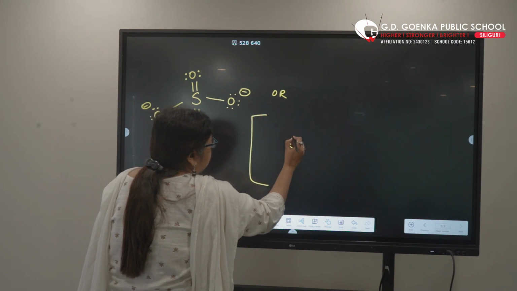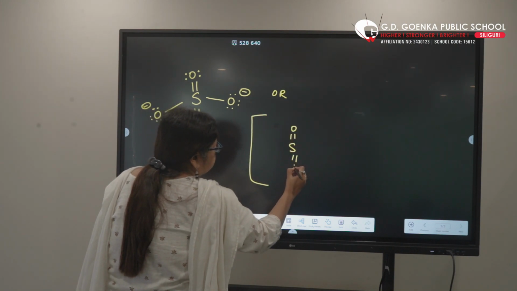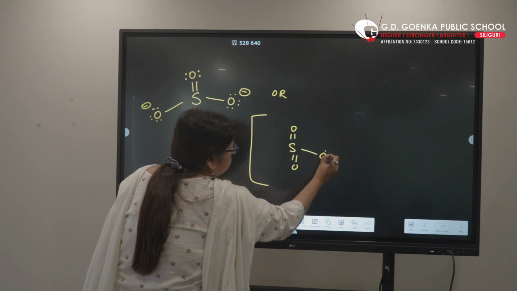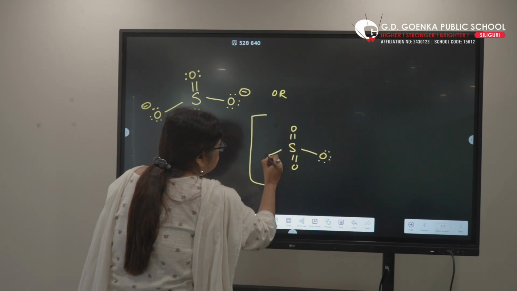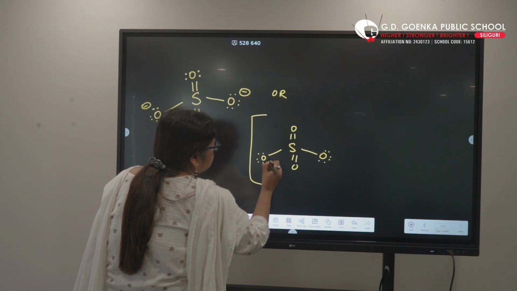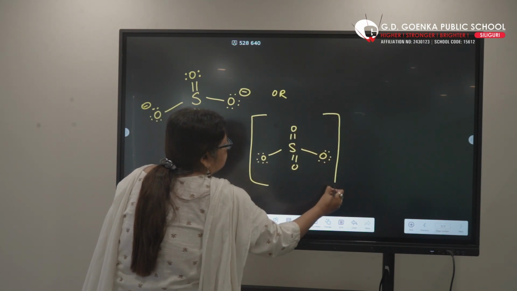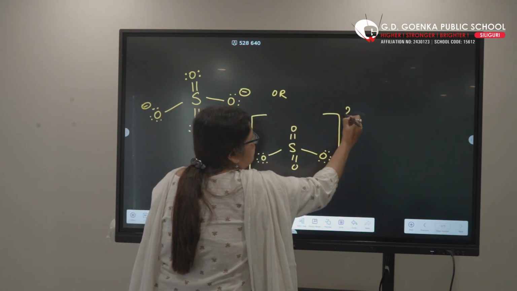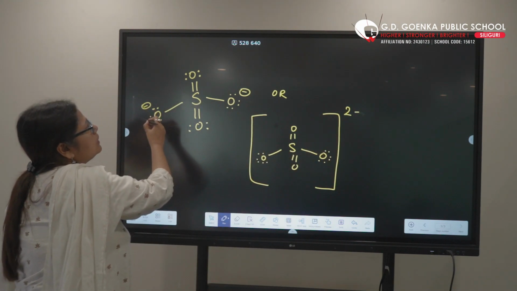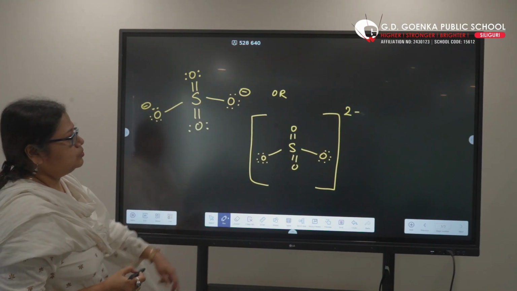In books you will be finding two minus. This is minus 1, so minus 2.